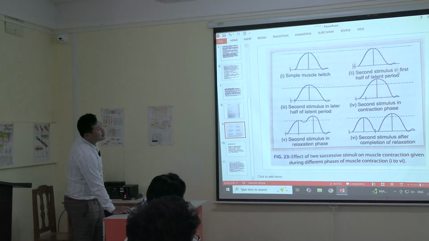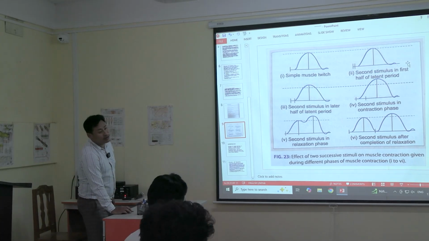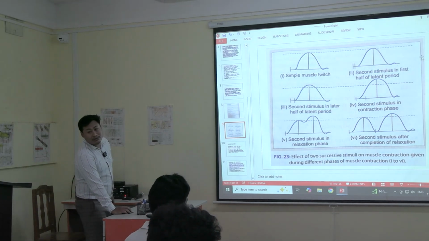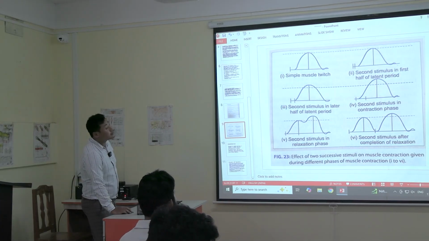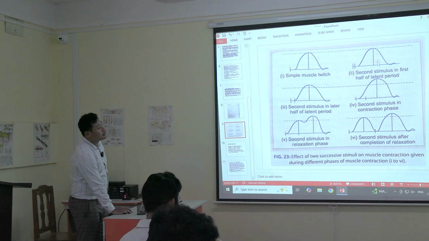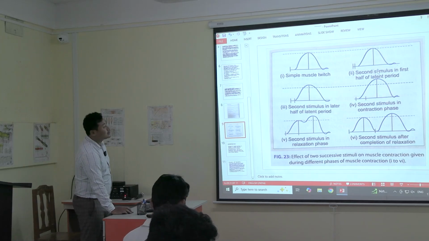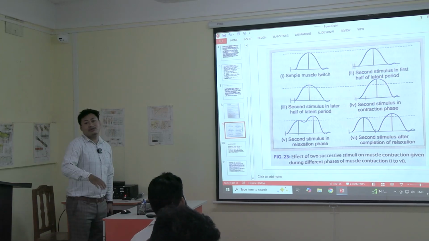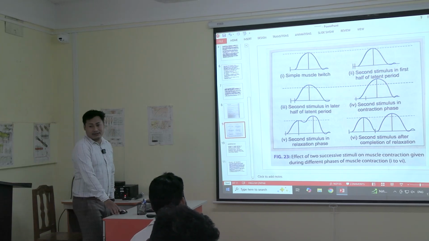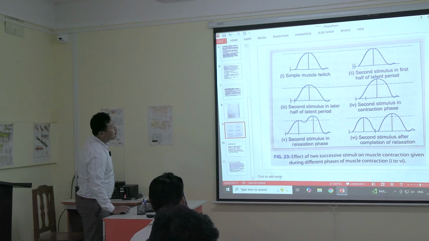If the second stimulus is given in the first half of the latent period, what will happen? There will be no change in the magnitude, or the height of the contraction. This is so because in the first latent period, whether maximal or supramaximal, there will be no effect.